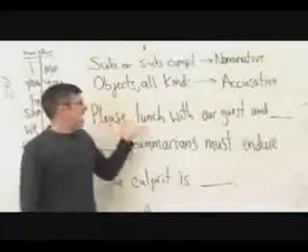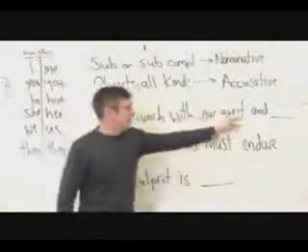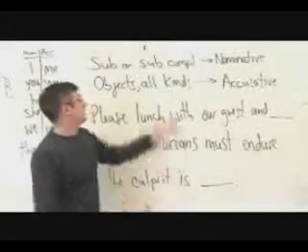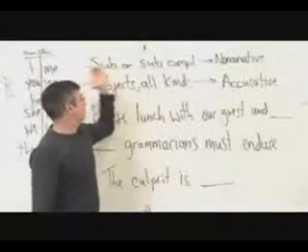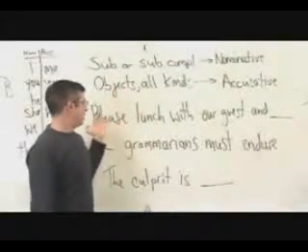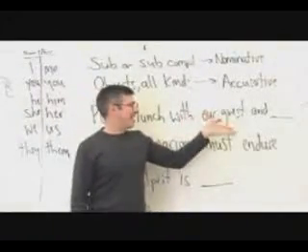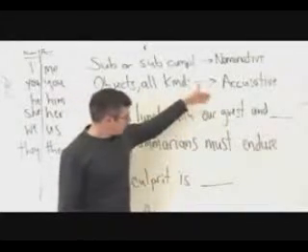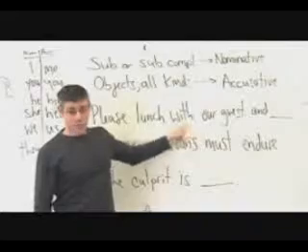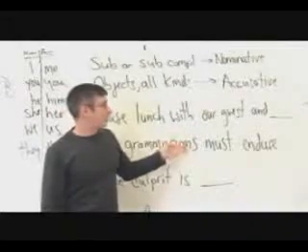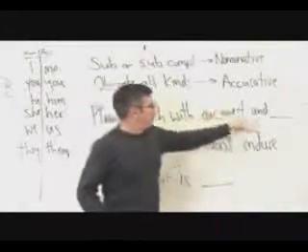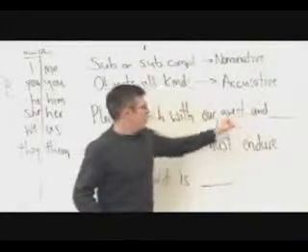So what you want to ask is, what is this thing that's going to fill that blank? What is its grammatical function? Is it a subjective complement? Is it a subject? Is it some kind of an object? Please have lunch with our guest and blank. This is a preposition, with. What is its object? Well, in fact, it has two, because we have this conjunction here.